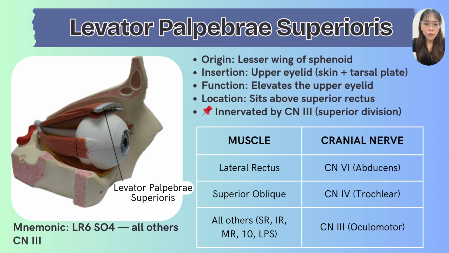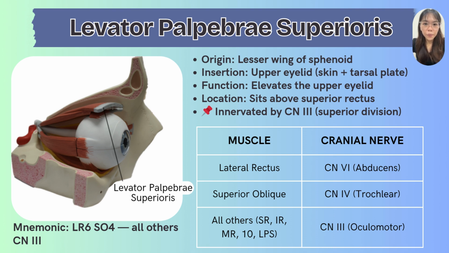Without it, we would struggle to keep our eyes open. It lies above the superior rectus muscle and runs forward into the eyelid. It is innervated by the superior division of cranial nerve 3. Cranial nerve 3 is the oculomotor nerve. Damage to this muscle can cause ptosis, or drooping of the upper eyelid, which we commonly see in oculomotor nerve palsy.